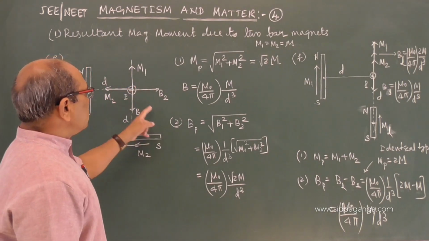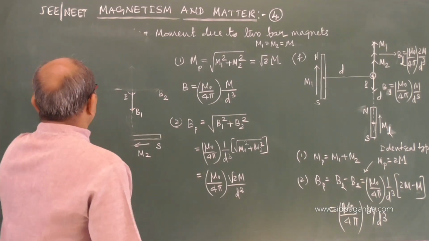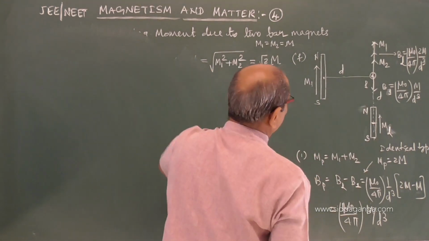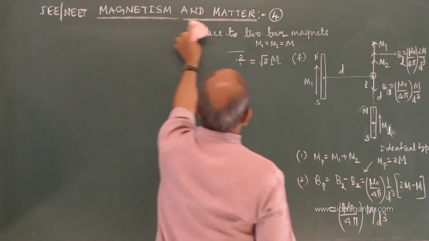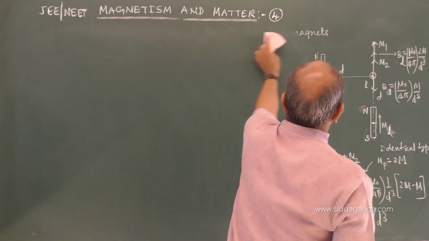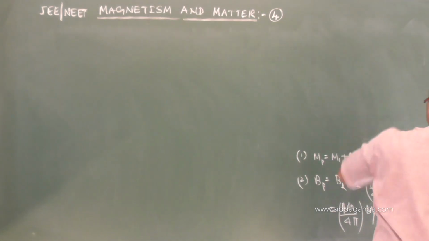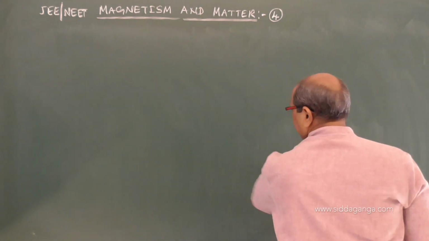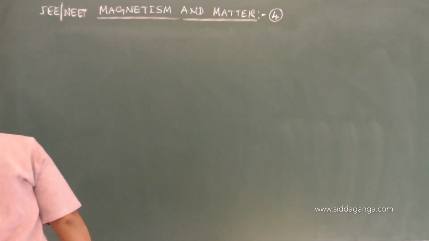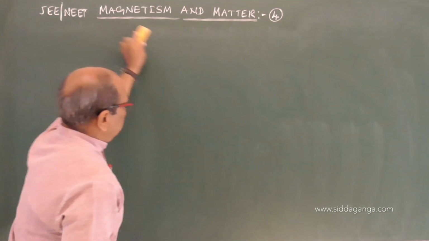Correctly find the directions along which they act and use the relations to find the resultant magnetic moment. That's one about the resultant magnetic moment of a system of two or more than two magnets.